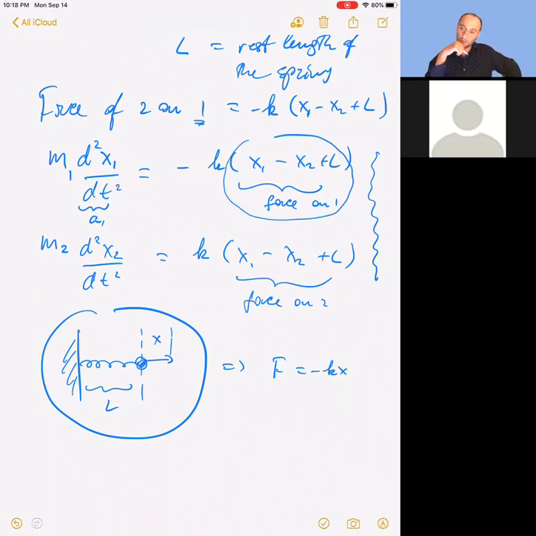Now, this probably already looks pretty scary to you because you probably have not seen anything like this. This is what Newton's second law really is. It's a differential equation where the forces are expressed as functions of coordinates, could also be velocities, and the accelerations are expressed as derivatives of coordinates.